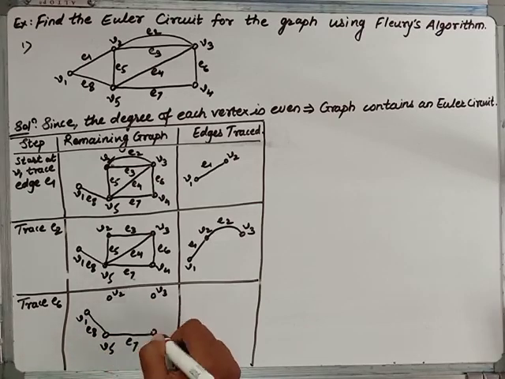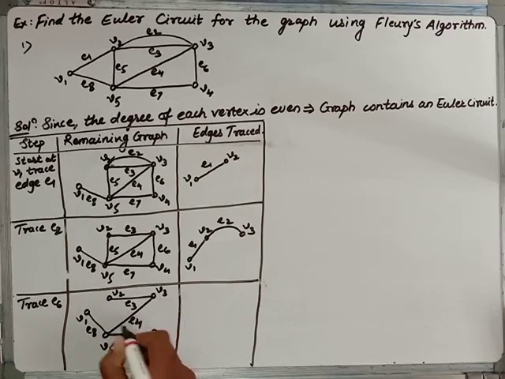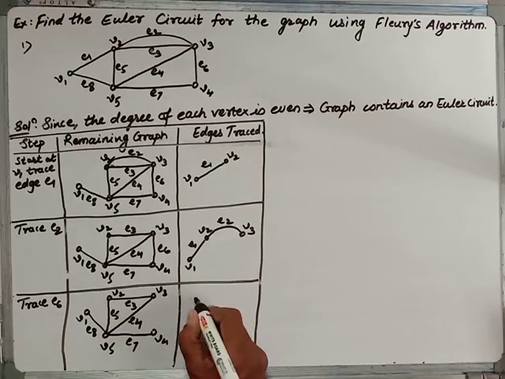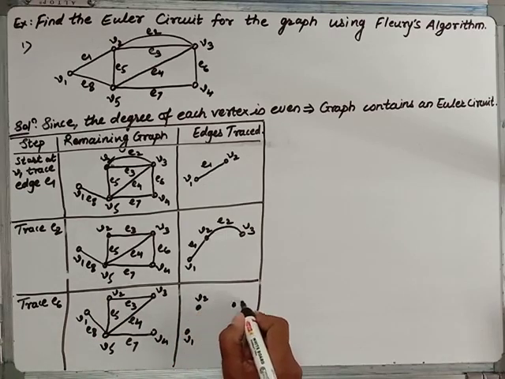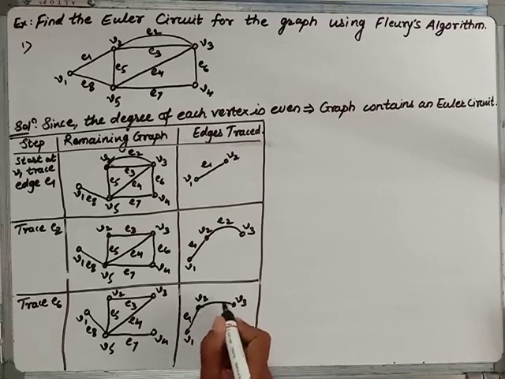I am tracing E6; the other ones I'll keep as they are. This is E4, this is E5. So now I am tracing E6. Traced are E1, E2 and then E6. We reach here, right?